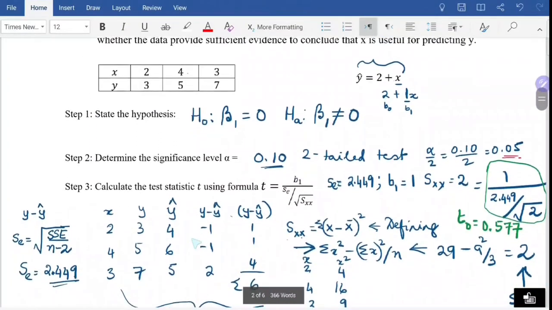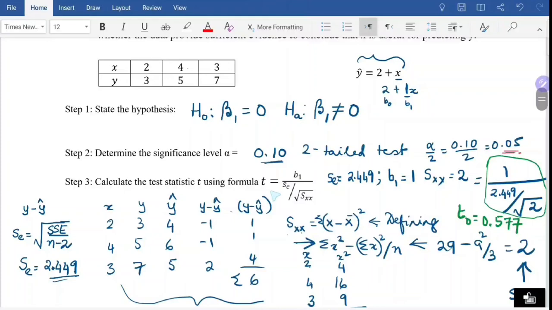For step 3, we have to calculate our test statistic t, right? Our test statistic is our evidence that we take to the table when deciding whether the null hypothesis should be rejected or not rejected. So this is the formula for the t value that we have to calculate. It's b sub 1.